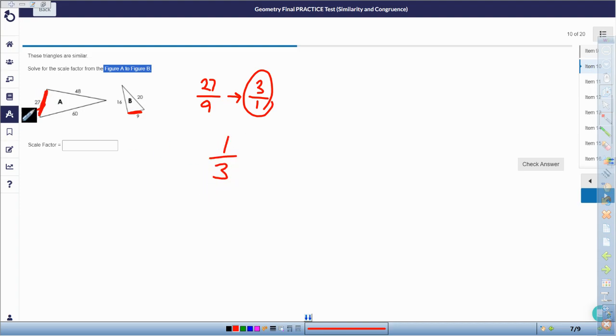That's what this is being multiplied by to get this. So that's going to be your answer in here, 1/3. So think rationally about those, and you can know when you need to flip the fraction one way or the other.